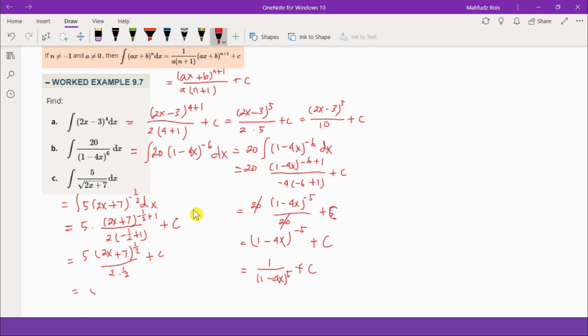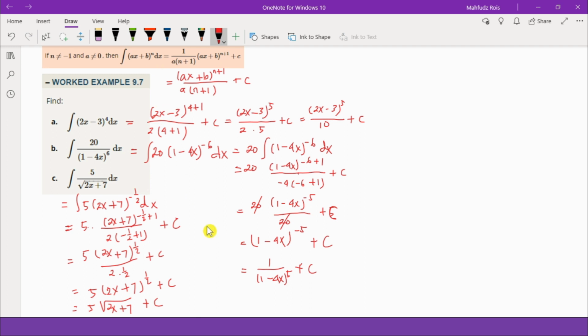So it will be 5 only, because 5 divided by 1 is 5, (2x plus 7) to the half plus c. Or if you want to make it a radical, it will be 5 times the square root of 2x plus 7, plus c. Alright, so this is how we can solve these examples using this formula.